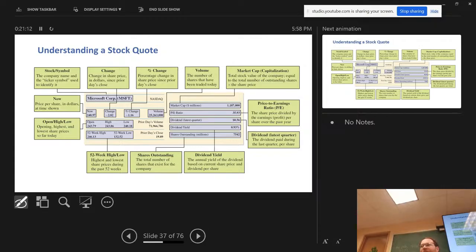But there's a lot of things that go into buying and selling stocks. Each company has a symbol, like Microsoft is MSFT. Some of the symbols make sense, some of them don't.